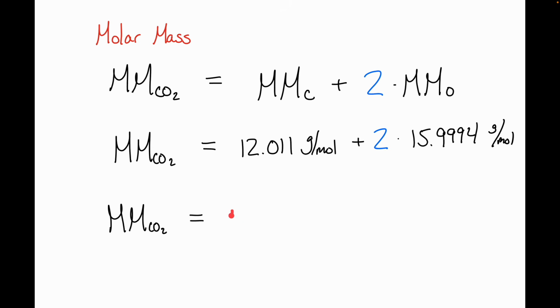So punch this into our calculator. The molar mass of carbon dioxide is 44.098 grams per mole.